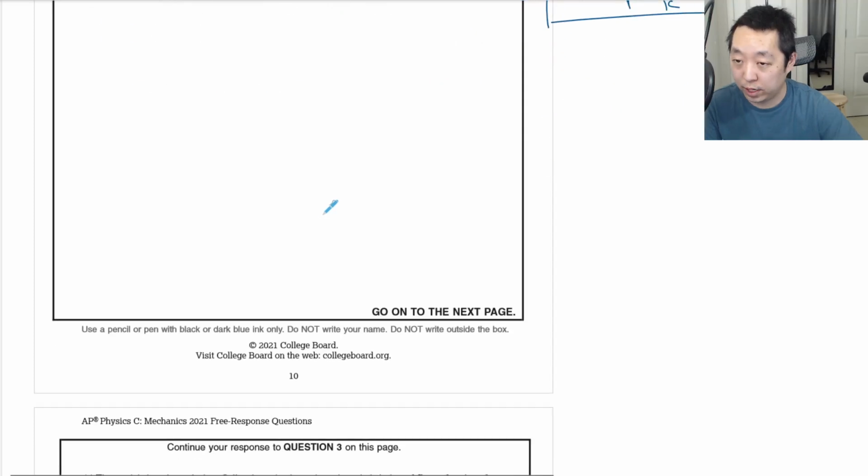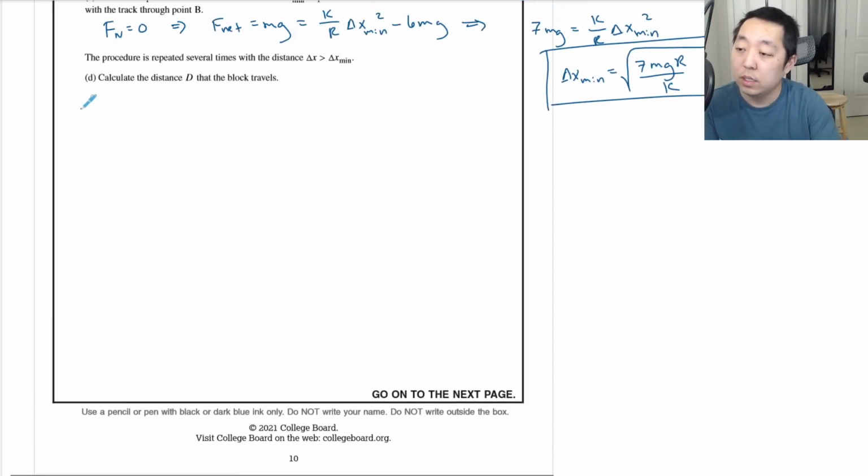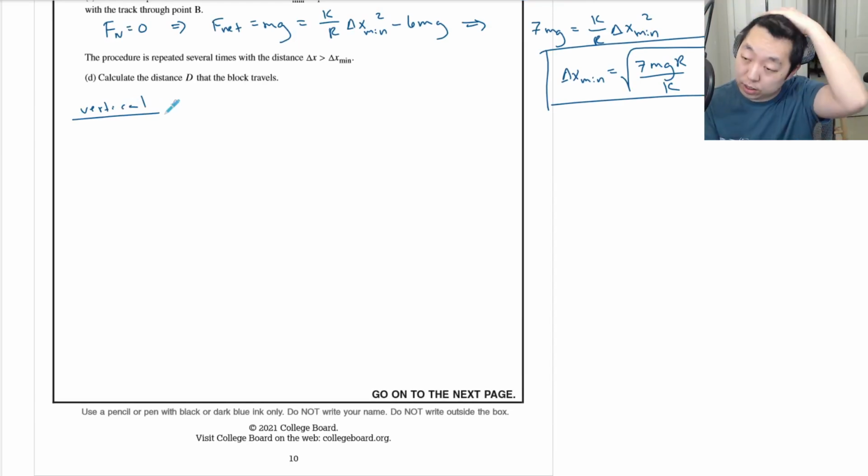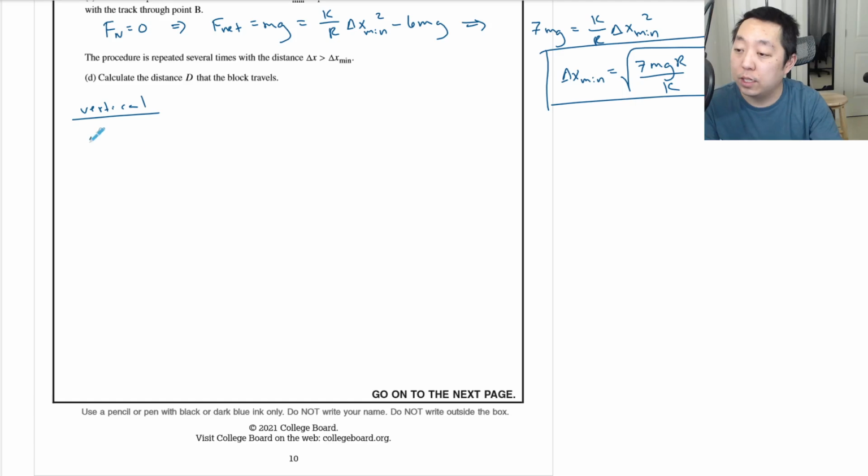So in the vertical direction, this is non-calculus based kinematics, and we're going to say delta y is 4r. The initial velocity in the y direction is 0. The final velocity, it doesn't matter. The acceleration is equal to g. And t is what we want to find, because in the horizontal direction, we're going to use this time to calculate the distance it travels.